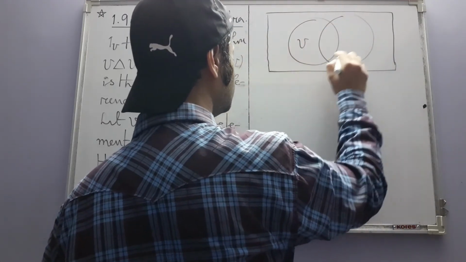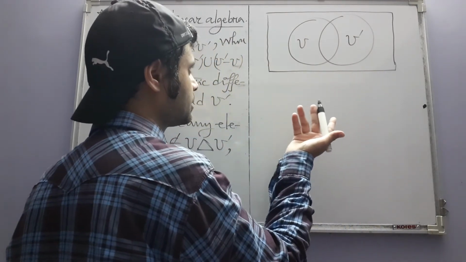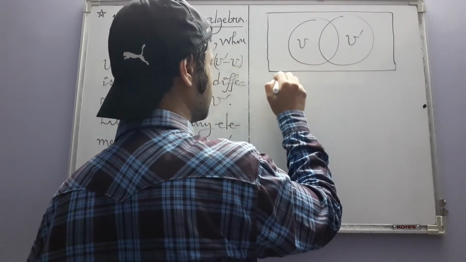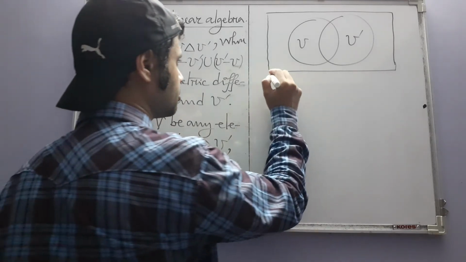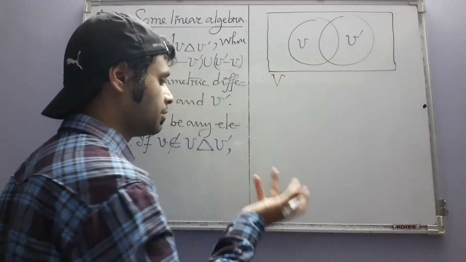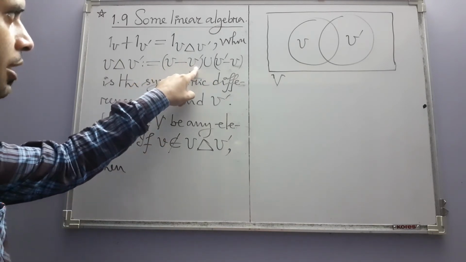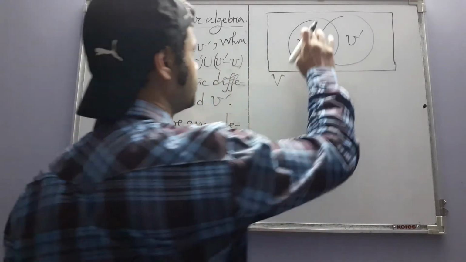This is our u, this is u prime. There may be an intersection, the intersection may also be empty, and this is our v. Now what is the symmetric difference? The symmetric difference is u minus u prime union u prime minus u.